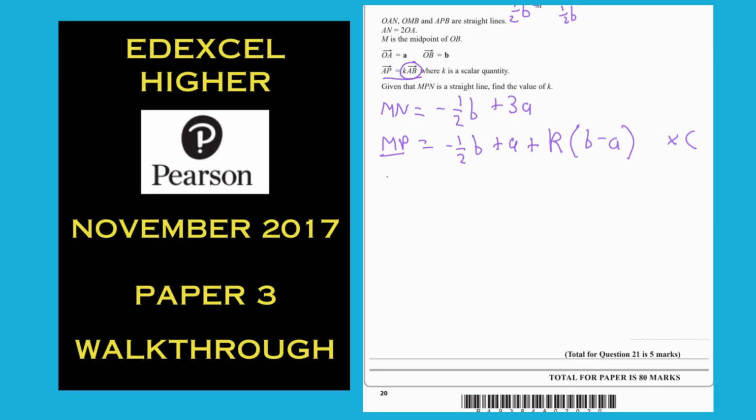If we take M to P, which is A minus a half B, added to K lots of B minus A, times by a number I don't know, a fraction of some description, that multiplier turns it into MN.